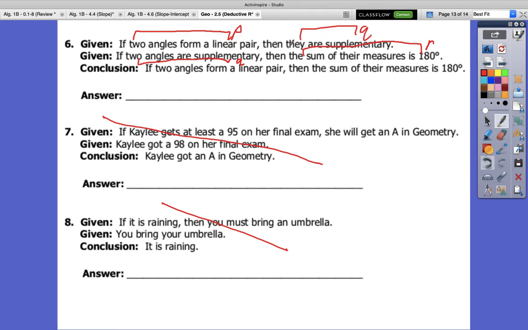If P then Q, if Q then R, and the Q's match up there. The conclusion of the first matches the hypothesis of the second. If 2 angles form a linear pair, that's P, then the sum of their measures is 180 degrees. That's R. So we have if P then R. So this is the law of syllogism at work. Like I said, we're skipping over 7 and 8.